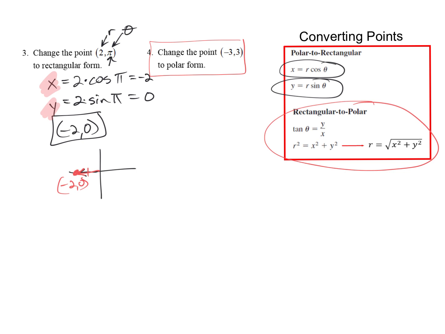So on the other one, we want to start with our r and our theta because that's what we're trying to find. So I'm going to start with the r is equal to the square root of, using this one right here. You can do the r squared if you want to. X squared plus y squared. And simplify that. What is that?